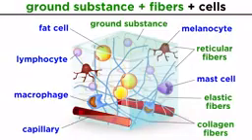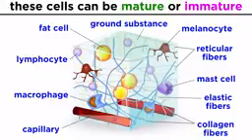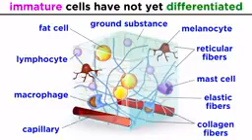With ground substance and fibers covered, that leaves us with the cells. These can be any of the varieties we listed earlier, and they can either be mature or immature, the latter meaning they have not yet differentiated or specialized.